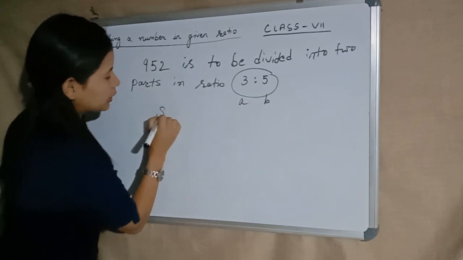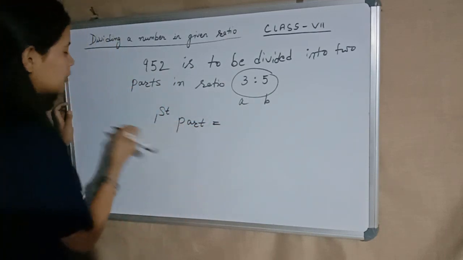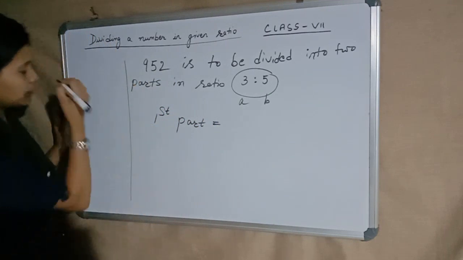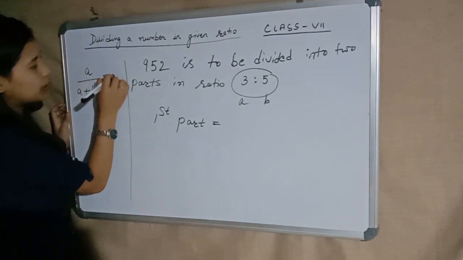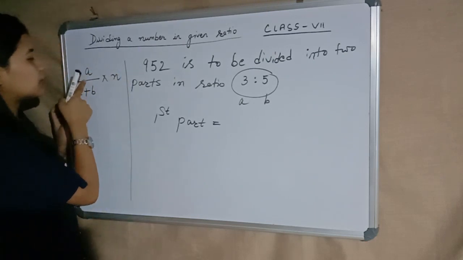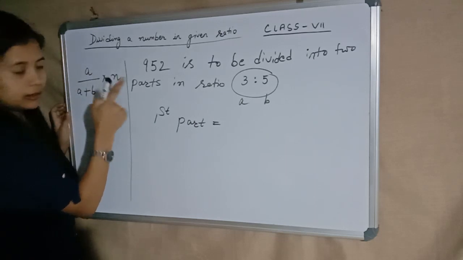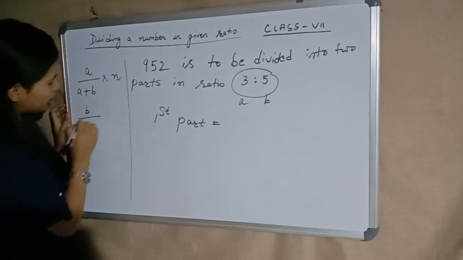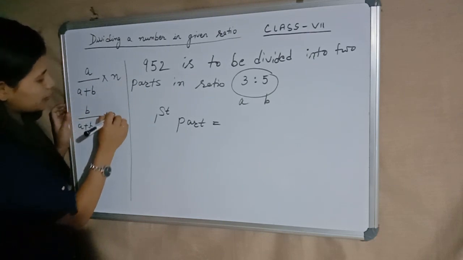As I said earlier, the first part will be given by, I write the formula here, a by a plus b into n, right? If the ratio was a is to b, then the first part was given by a divided by a plus b into n, and the second part was given by b by a plus b into n.